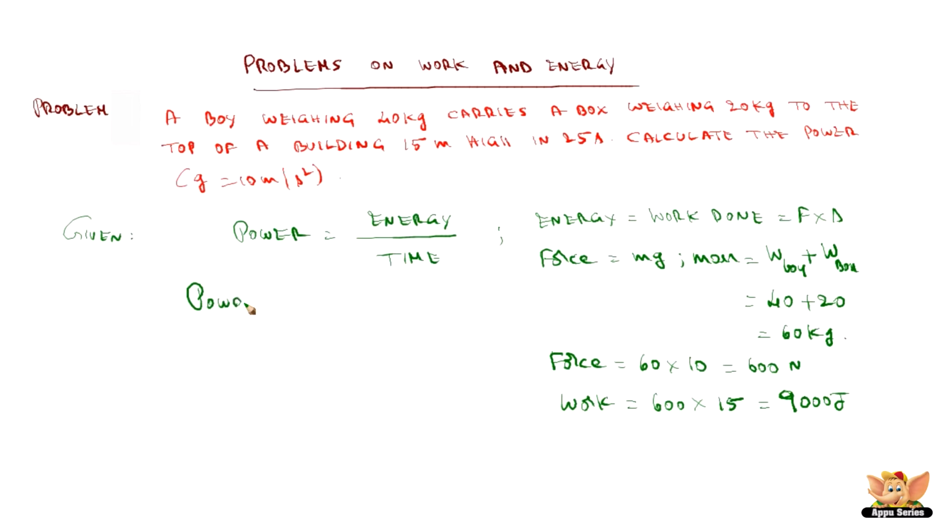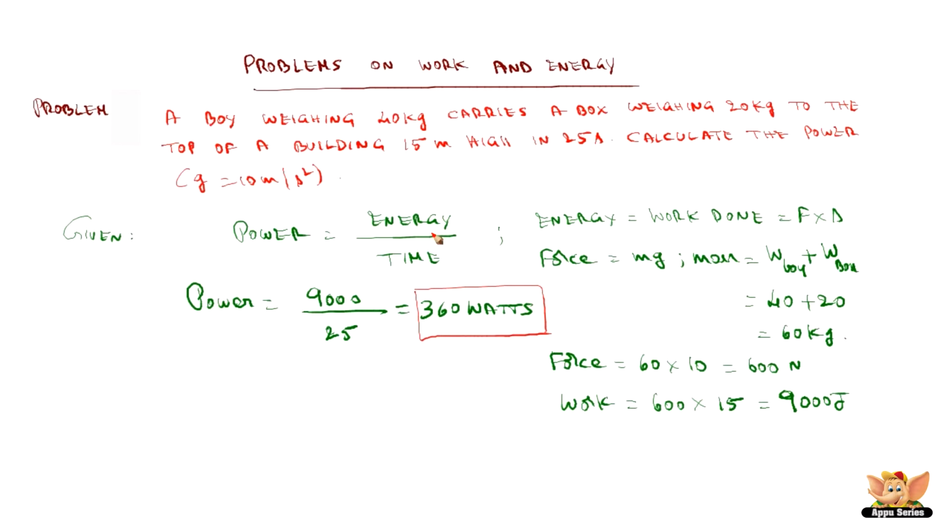From this we can find power, which is 9000 joules by the time taken, given as 25 seconds. When you divide it, we get 360 watts. So the power is 360 watts.